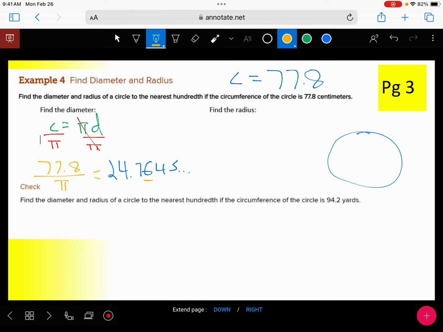The number after it is smaller than 5, so we round down. So our final answer is the diameter equals 24.76 centimeters. We can write centimeters as just cm.